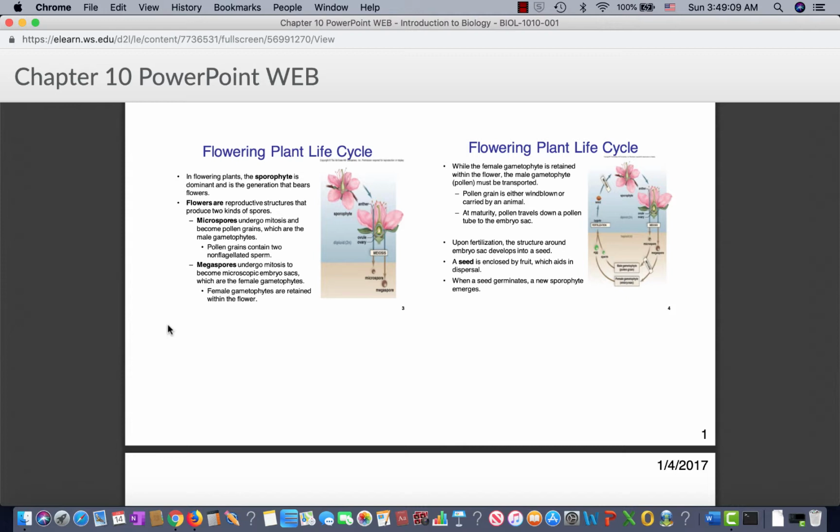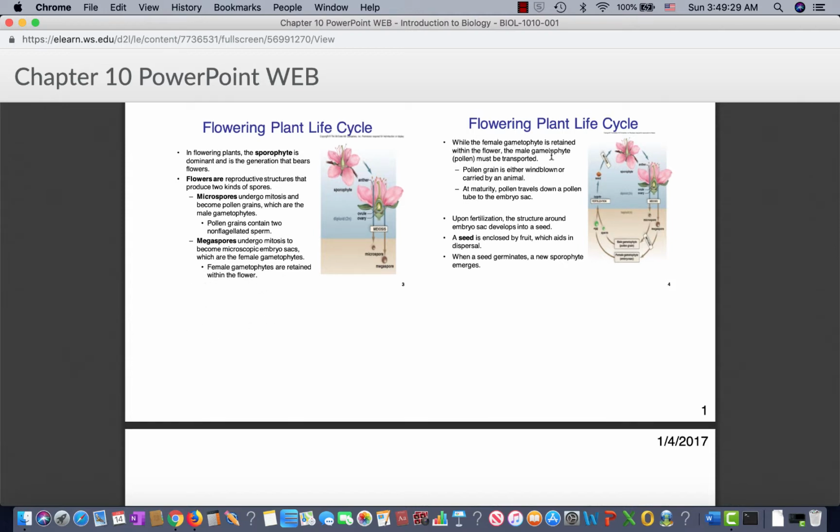And then your megaspore, which undergoes mitosis to become a microscopic embryo sac, essentially, which is the female gametophyte. And the female gametophyte is retained within the flower.